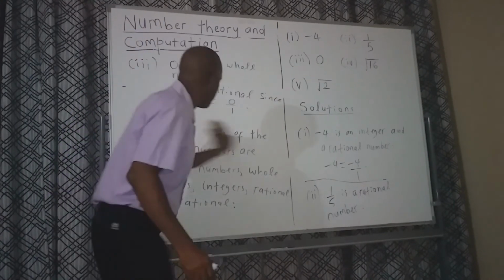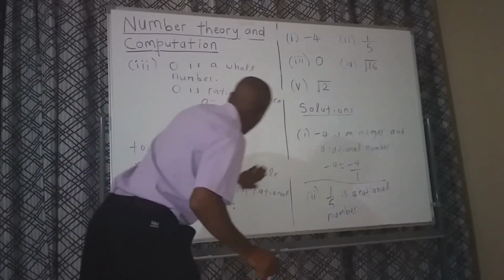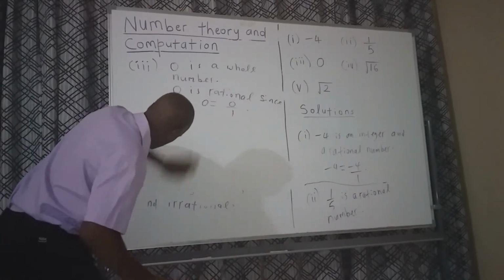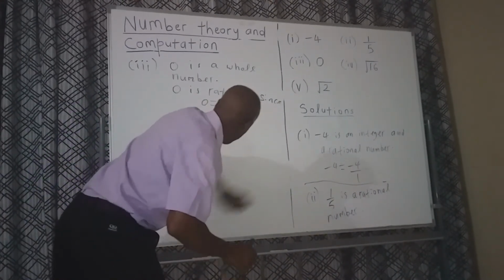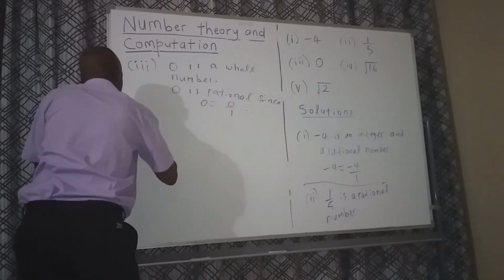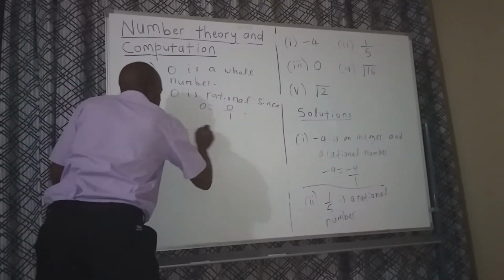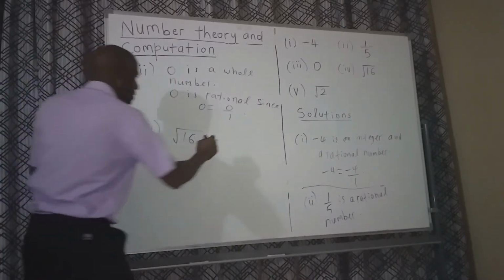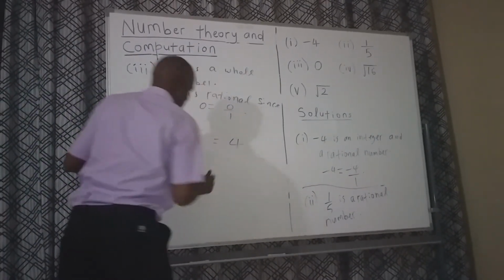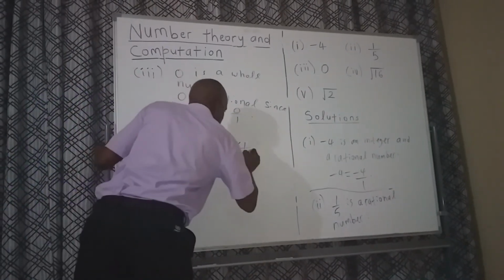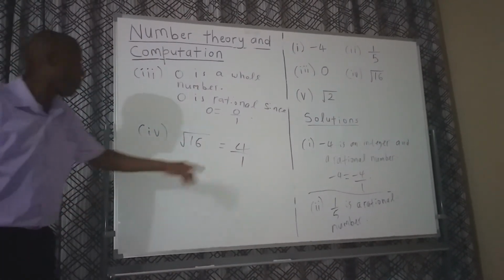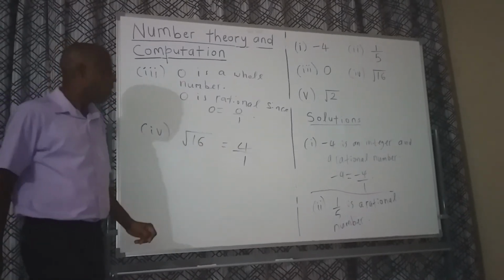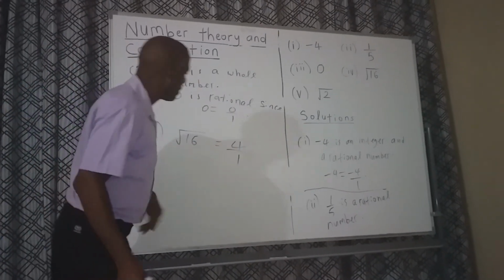Now part 4, root 16. The square root of 16 can be expressed as 4. But I can write 4 as 4 over 1. So what is really 4? Is 4 a natural number? Yes, 4 is natural. Is it a whole number? It's also a whole number.